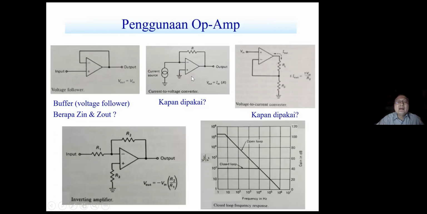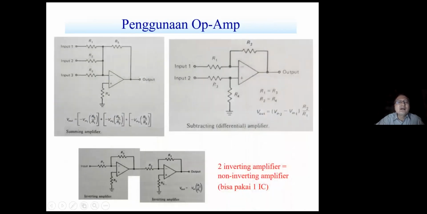This one is the current to voltage converter, and this one is the voltage to current converter. This one is the inverting amplifier, which I already showed you, and this one is the summer, which I already showed you. And this one is the differential amplifier.